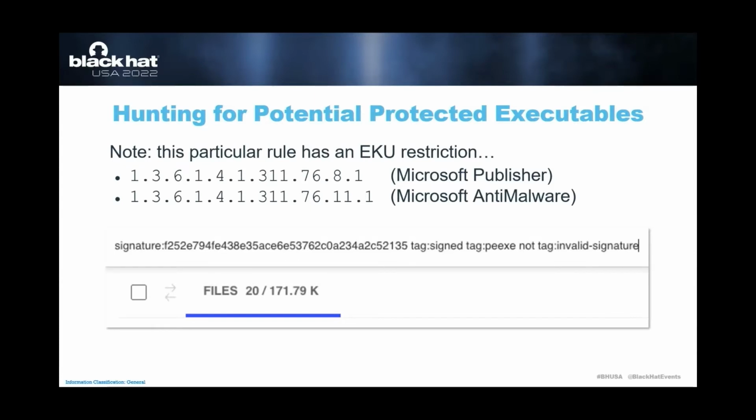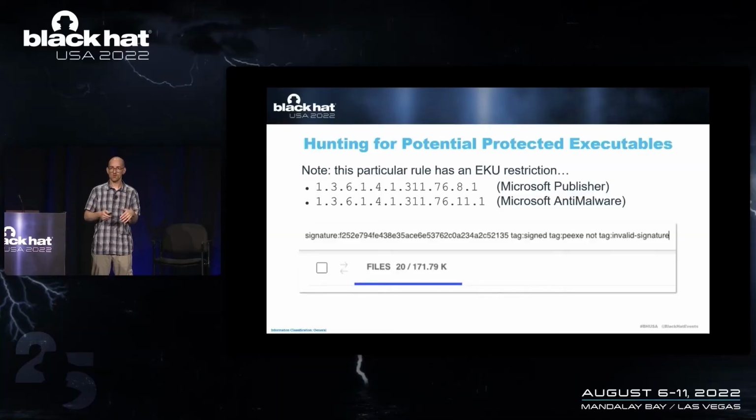171,000 results. No big surprise, because that was a Microsoft intermediate certificate. You would expect there's a lot of Microsoft signed code out there that uses that intermediate certificate. And there's no way in VirusTotal to search for binaries that have those EKU values without maybe doing some fancy YARA hunting. So that was a challenge right there.